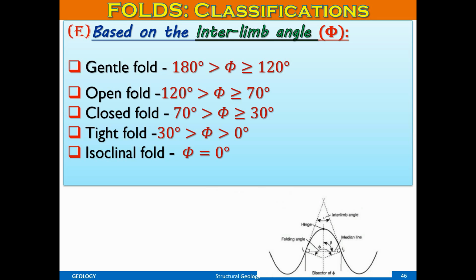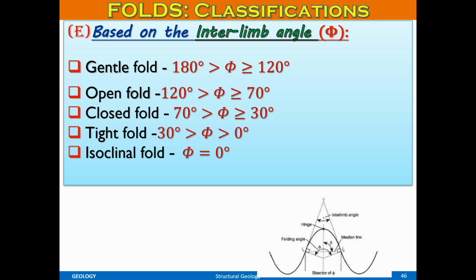Where the sense of curvature changes. That's the point where the curvature is minimum. From that point you will be drawing tangents, and they will intersect at some point. So gentle fold is 180 degree to 120 degree.